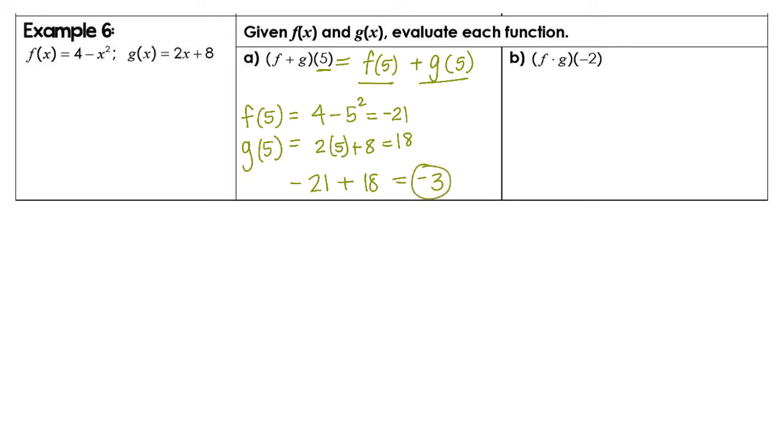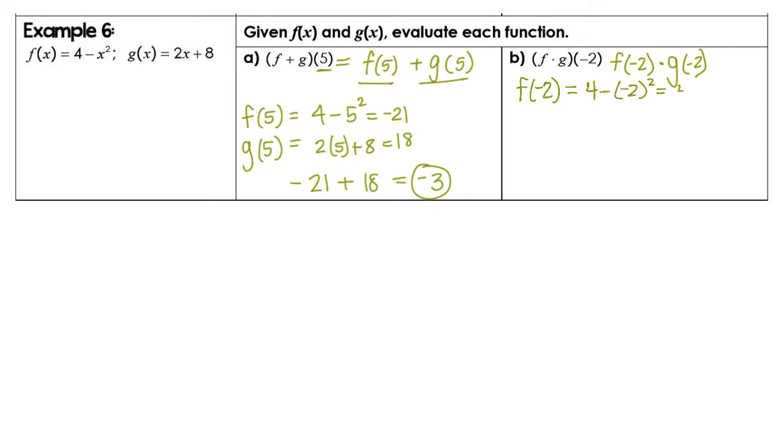So in part B, we have f at negative 2 is what that'll end up being, times g at negative 2. So just like we did just a second ago, we need to evaluate f at negative 2. And so when we substitute in f at negative 2, it looks like we're going to get 4 minus a negative 2 all squared.